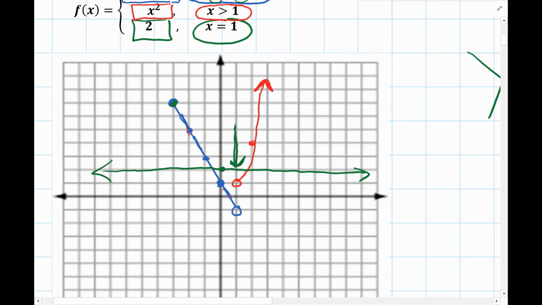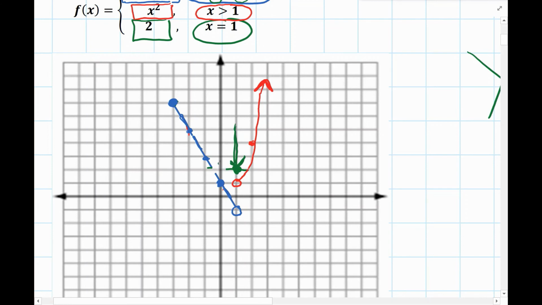So if it's not equal to 1, it's going to go away. Therefore, all of this stuff is going to go away. The only thing that I'm going to keep is that one point right there where it's equal to 1. So all of this stuff goes away because that's not x equals 1.